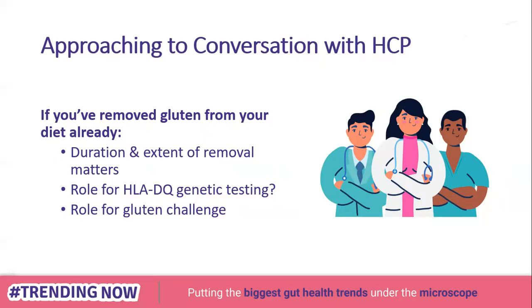If gluten has been removed long-standing and quite significantly, there are high chances of false negative results on serology and endoscopy, so that may not be the best route for testing. There may be a role for the genetic testing we discussed, although a positive genetic test does not confirm the diagnosis, but certainly a negative genetic test would strongly support that this is not celiac disease.